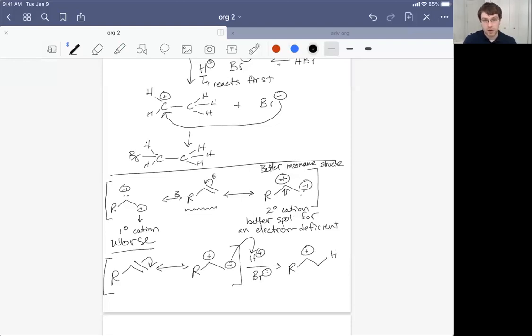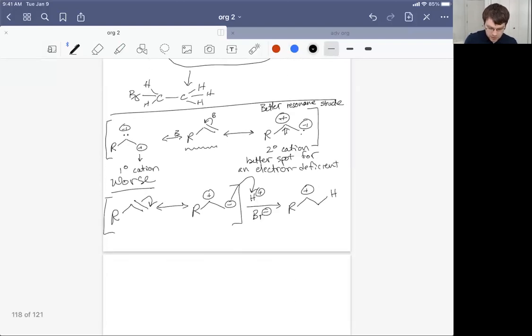We'll actually form a carbocation intermediate at the more substituted position, which is more stable, which is good because we have substitution. And then when the Br minus comes in, it has only one opportunity, and that's to attack the positive charge on the left-hand carbon.